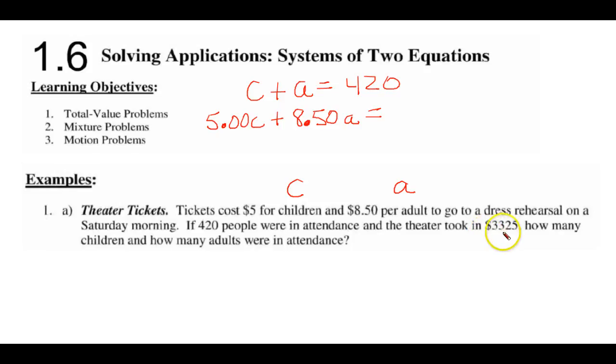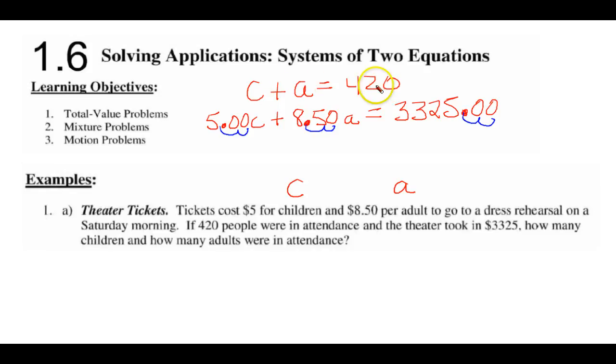And the revenue from this will be $3,325, and I'm going to add 2 decimal places, because as we go to solve this, what technique might you use? Well, get rid of the decimals by multiplying each term by 100. And then we don't have to worry about decimals anymore.